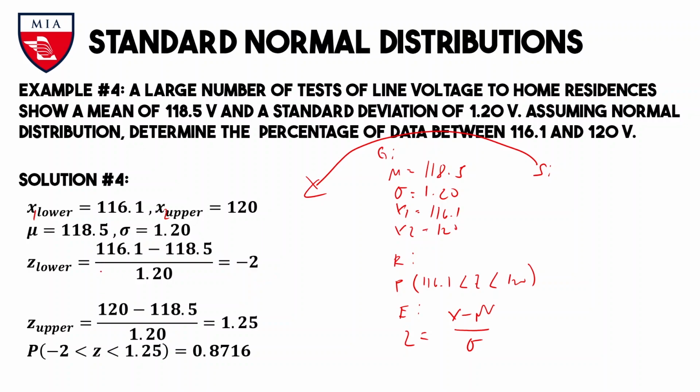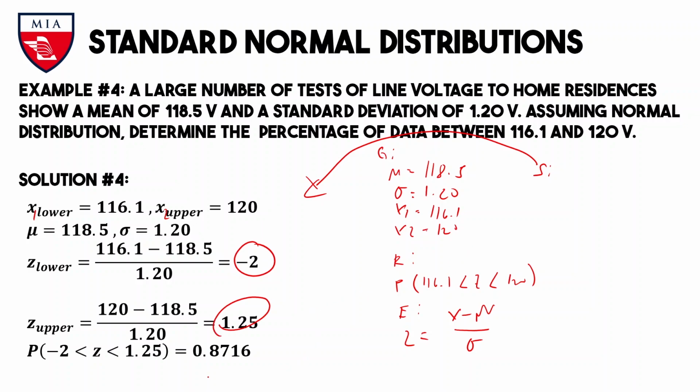So we have 116.1 minus the mean of 118.5 over the value of our standard deviation. So we have negative 2. Next is the z upper. The value of our x2 is 120 minus 118.5 over 1.20. So we have 1.25.